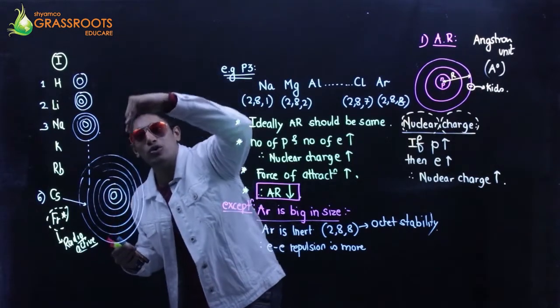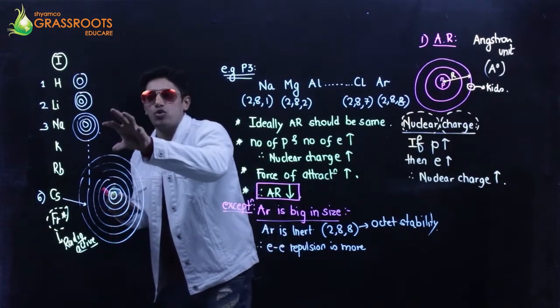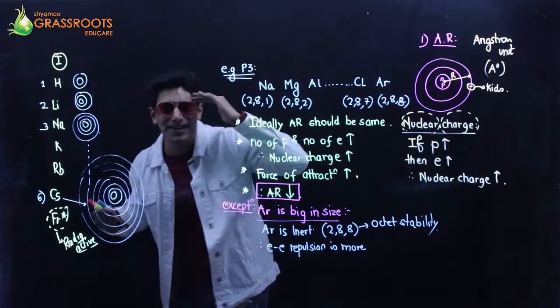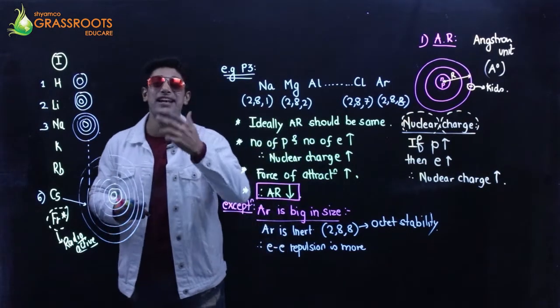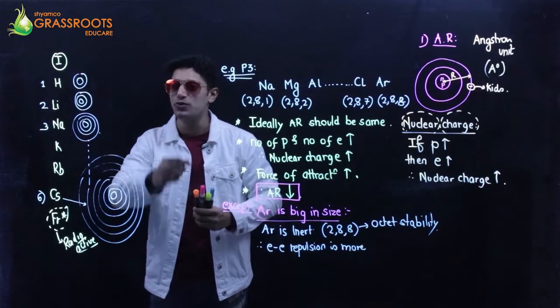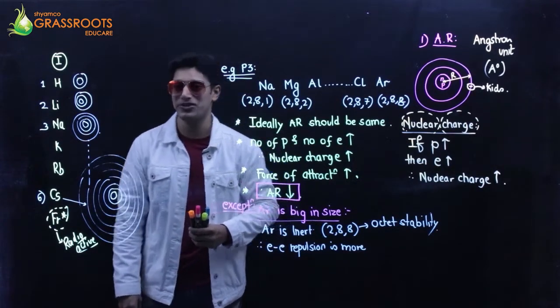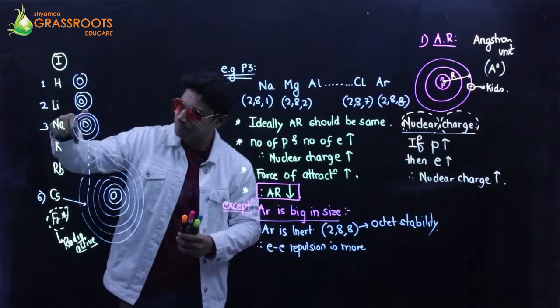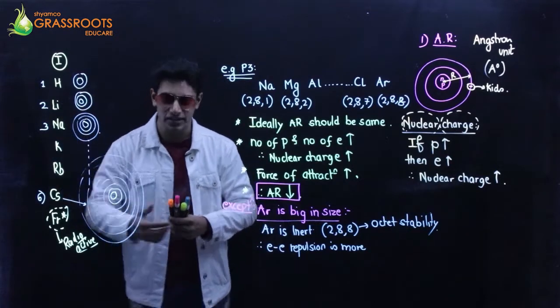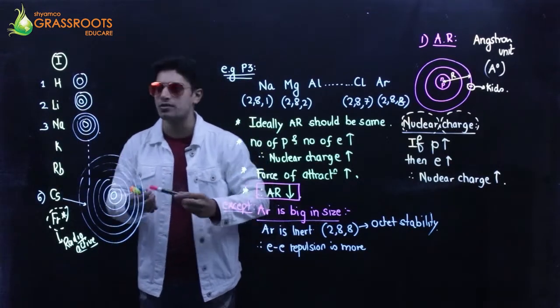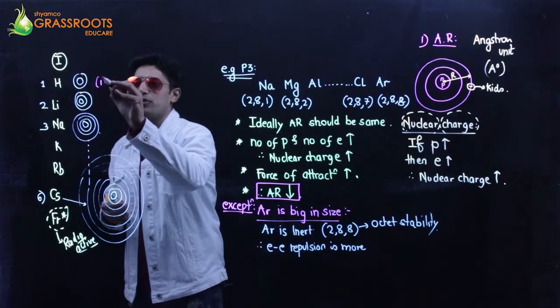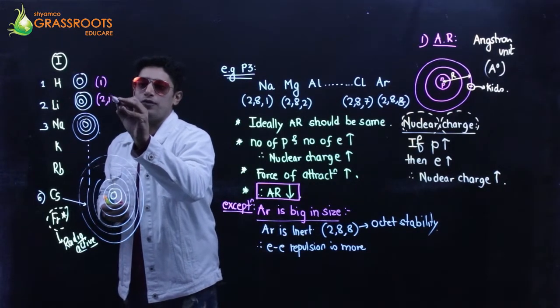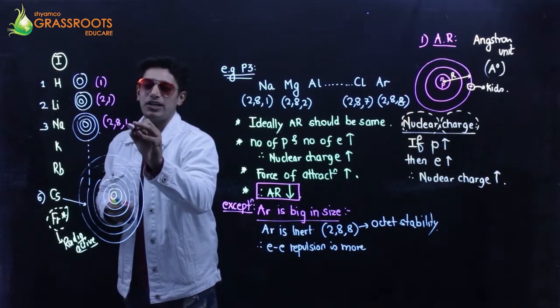As we go down the group, can I say the size is obviously increasing? It's very common sense. But look at my explanation. I will confuse you all. Check. Answer my questions. Down the group, number of protons are increasing. Of course they are. This has 1 proton. The configuration is 2, 1, 2, 8, 1.